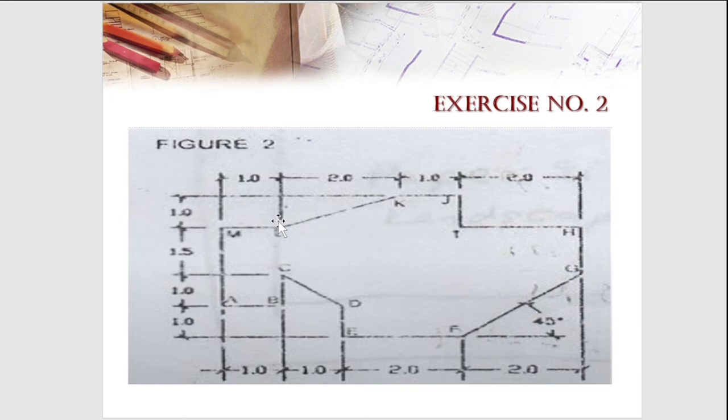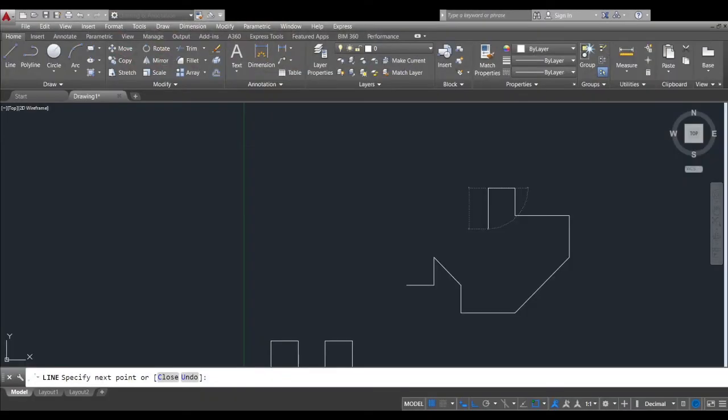So our coordinate now of point L is 7 comma 17.5. Hashtag 7 comma 17.5.